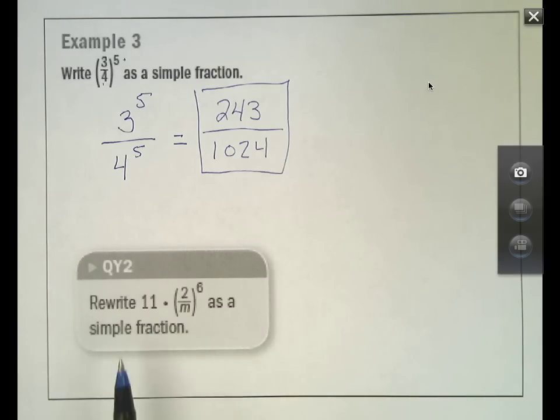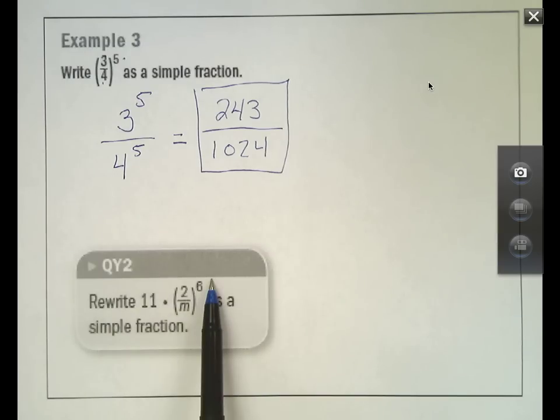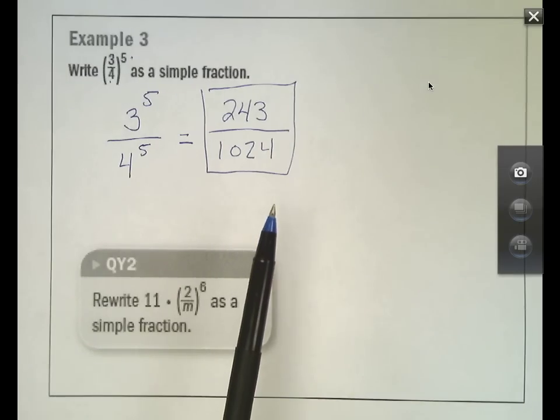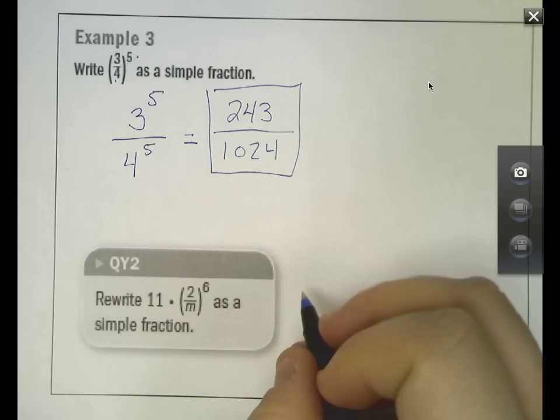Moving on to quiz yourself 2. Rewrite 11 times 2 divided by m to the 6th power as a simple fraction. Well, we're going to do the 2 divided by m to the 6th power first, and then we're going to multiply it times 11.